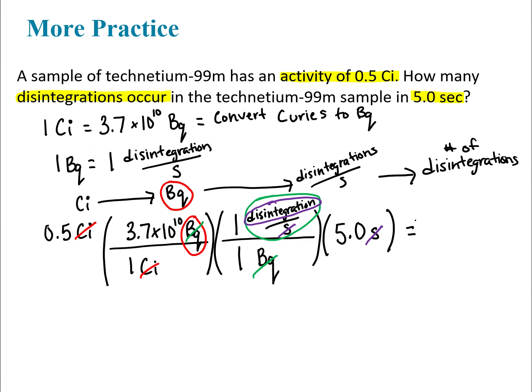When you do all that math, you're taking 0.5 times 3.7 times 10 to the 10. You're multiplying and dividing by 1, so you don't have to put that into your calculator. And then multiplying by 5.